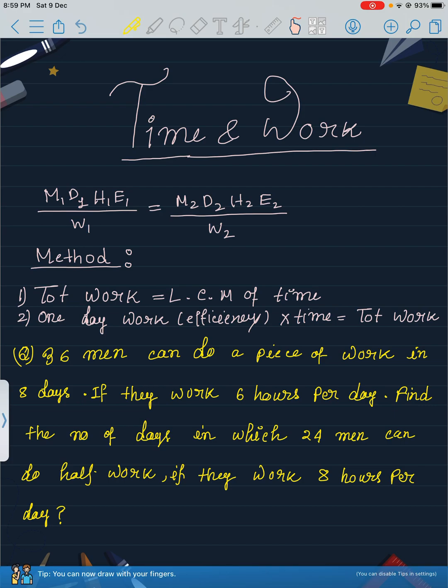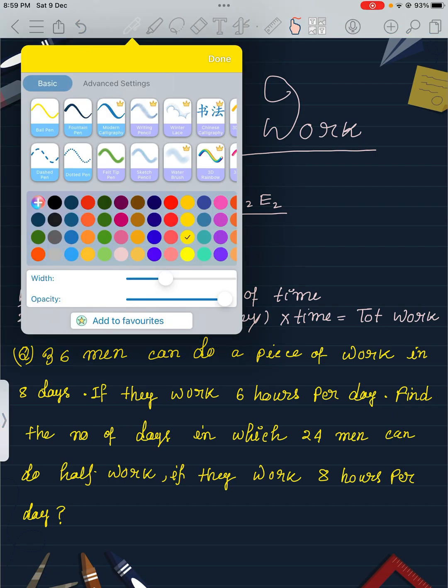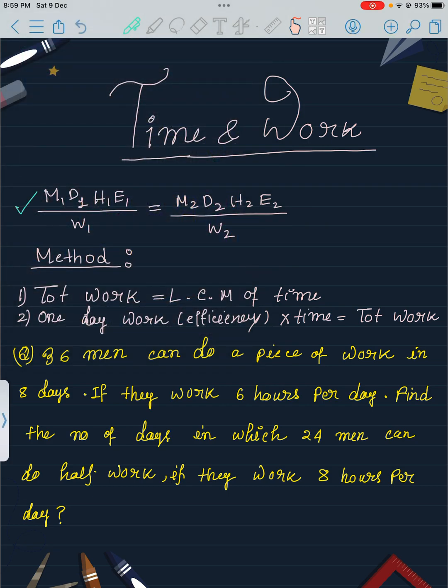First formula, let me take a color of green, is this one: m1 d1 h1 e1 divided by w1 equals to this one. So what is m here?